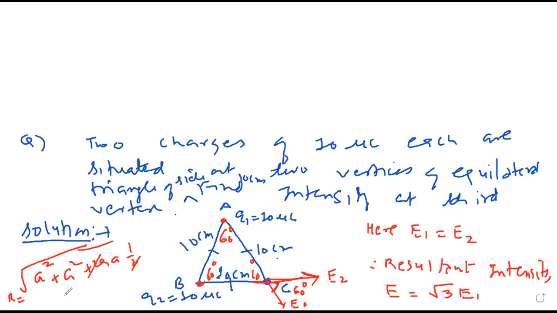This gets cancelled, giving root 3 times a square, which is root 3 a. So once I know E1, root 3 times E1 is my resultant at vertex C. Everybody has followed the direction as well as the magnitude, root 3 times? Okay, please copy till this.